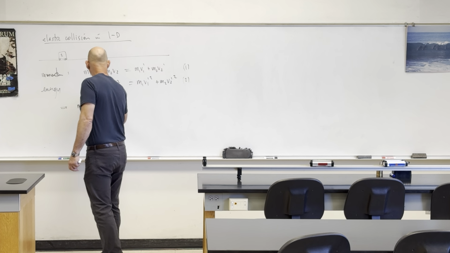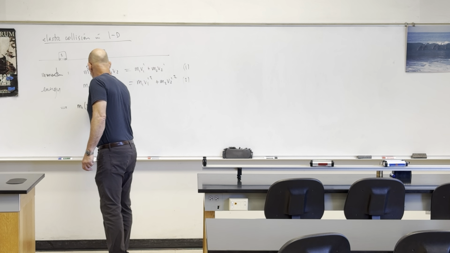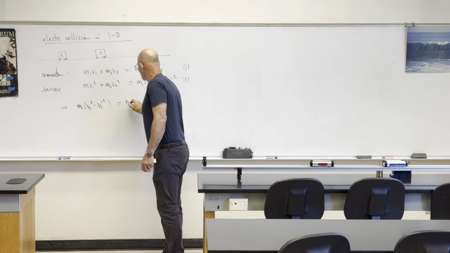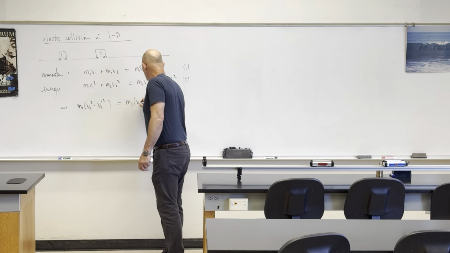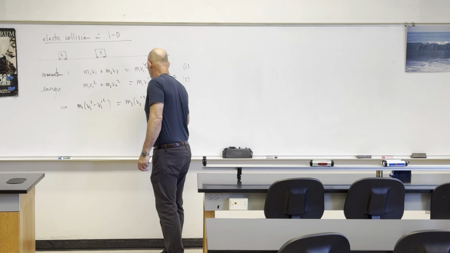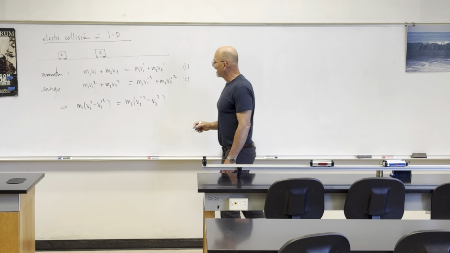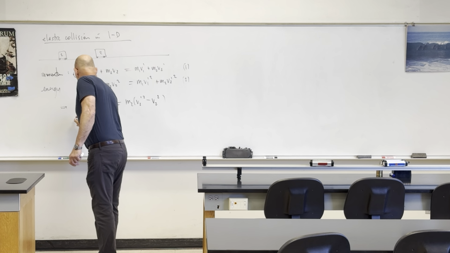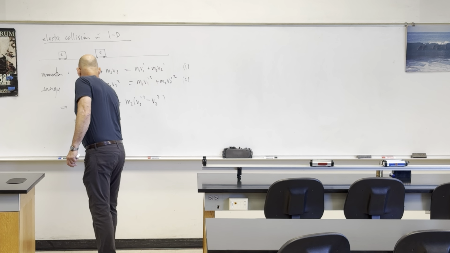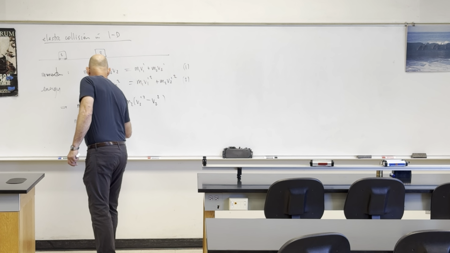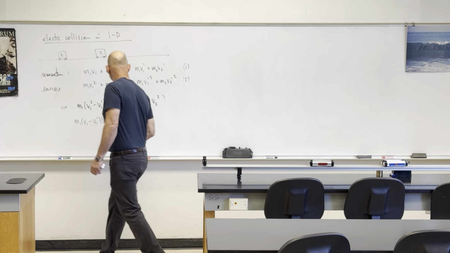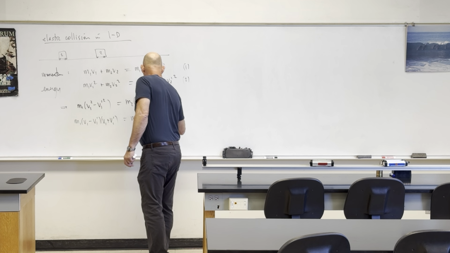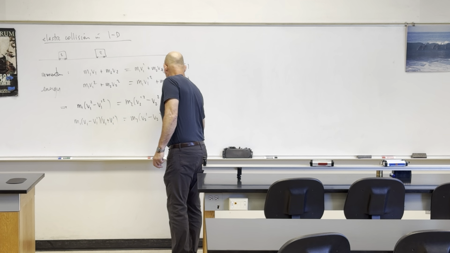So what we do with the second equation is take the M1, and we have the V1 squared minus V1 prime squared on the left side. And then on the right side, we have the M2 V2 prime squared minus V2 squared. And by doing this, we can factor this because we recognize the difference of squares. So M1 (V1 minus V1 prime)(V1 plus V1 prime) equals M2 (V2 prime minus V2)(V2 prime plus V2).